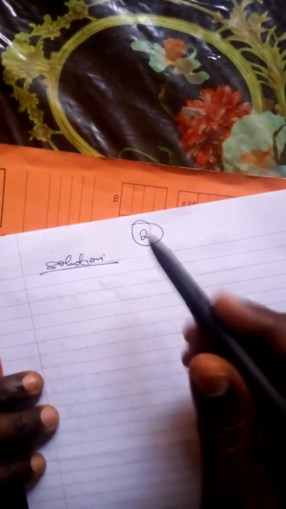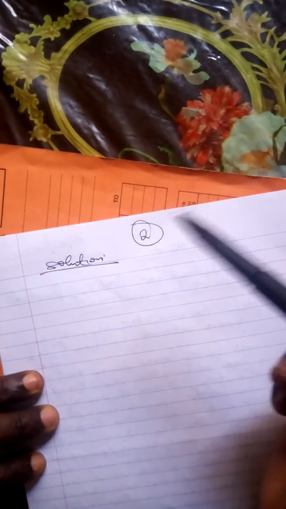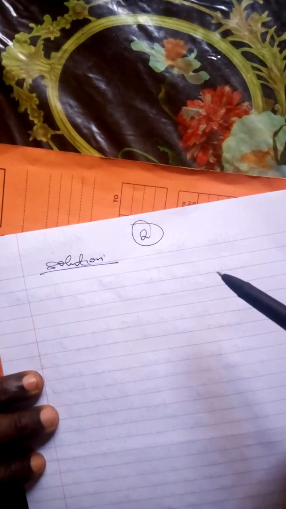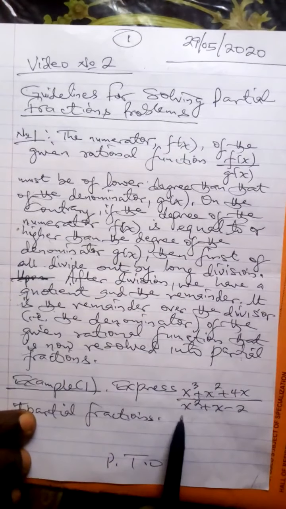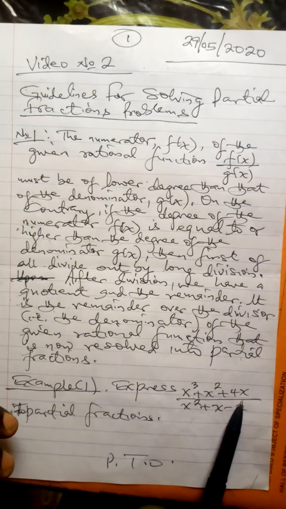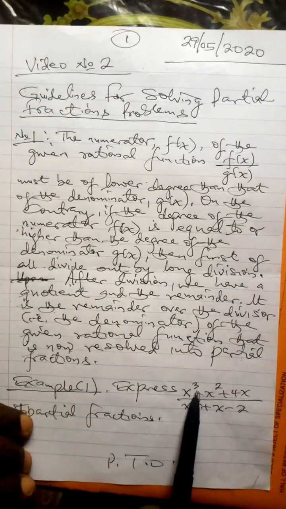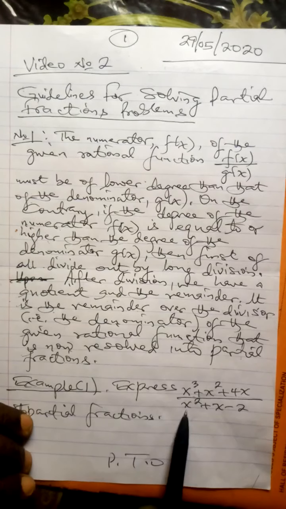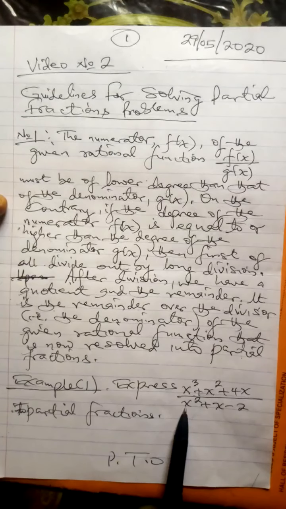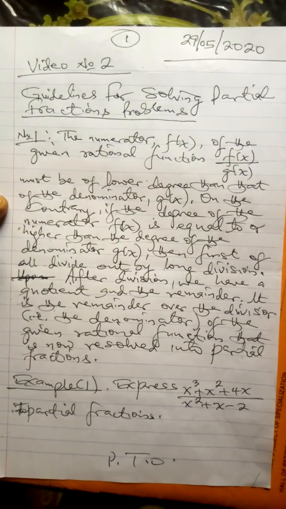The first thing we do here is to compare the degree of the numerator with that of the denominator. If you compare, you discover that the degree of the numerator, where we compare the term with the highest power, which is x cubed, is higher than the degree of the denominator, which is x squared. So we apply guideline number 1, which says we must divide first.